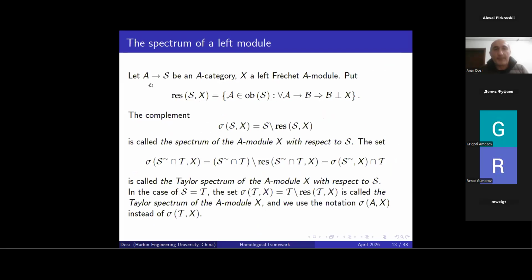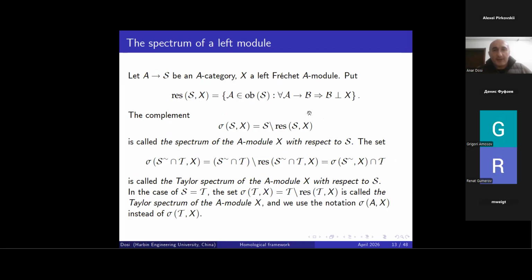Okay, now let me introduce the spectrum. Well, suppose we have an A category, X, the left Fréchet module. Well, all is Fréchet here.